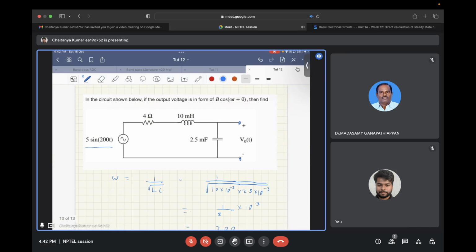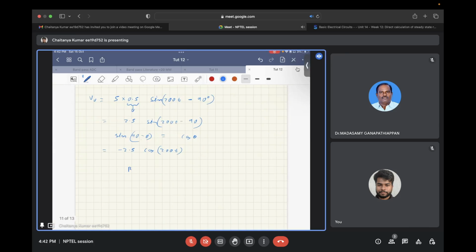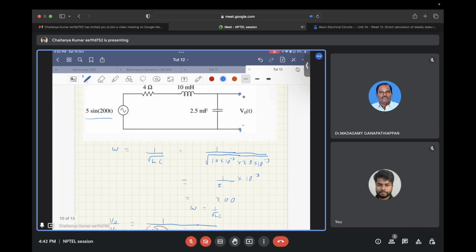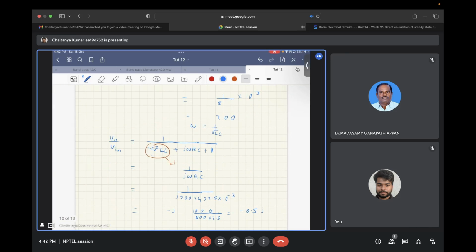So this is the value that you get. Now you need to find the output in terms of cos itself. So what is the value of b? The value of b is minus 2.5 and value of theta is equal to 0.